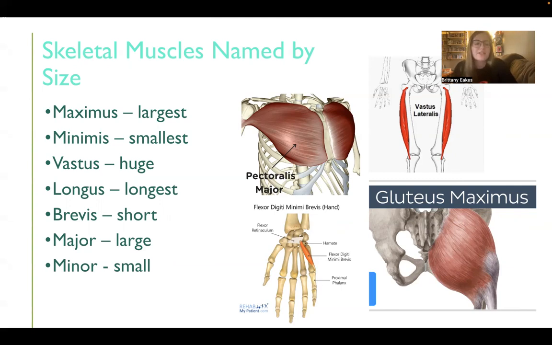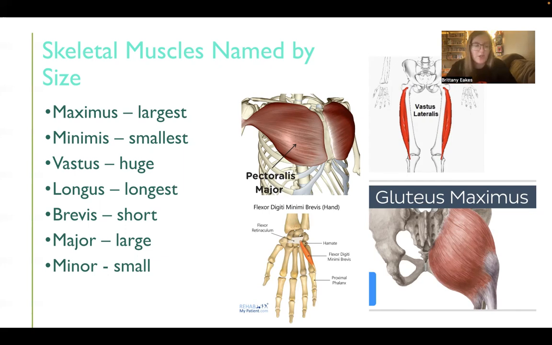So the flexor digiti minimi brevis: flexor meaning flexion, digiti meaning fingers, minimi meaning small or short, and brevis. So it flexes the little finger at the metacarpophalangeal joint.